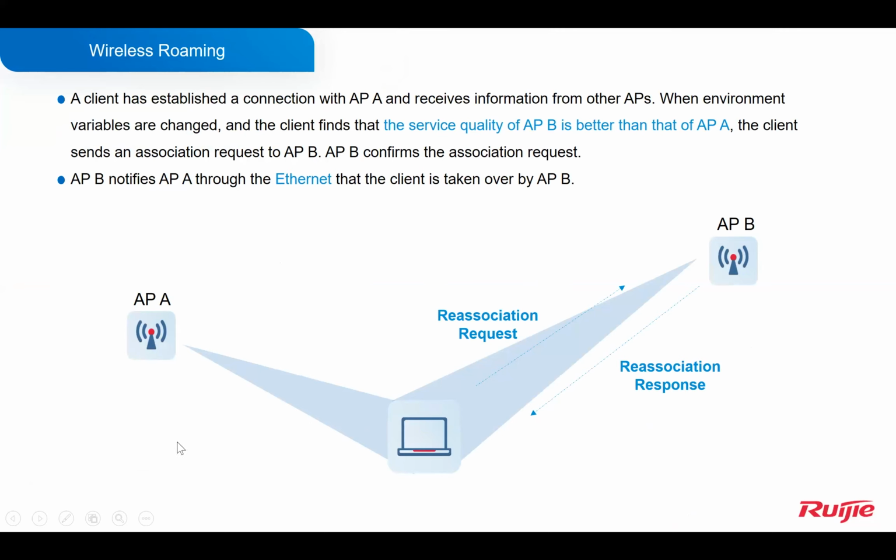We can say the client switches from place A to place B, so the client will find the service quality of AP B is better than AP A, and will roam from AP A to AP B. This is why our client will roam.